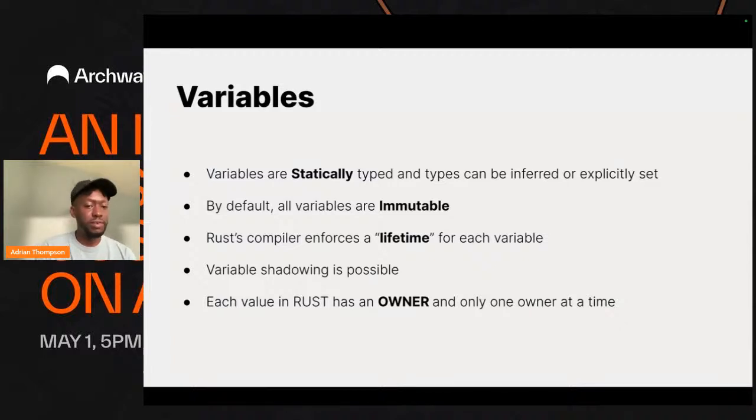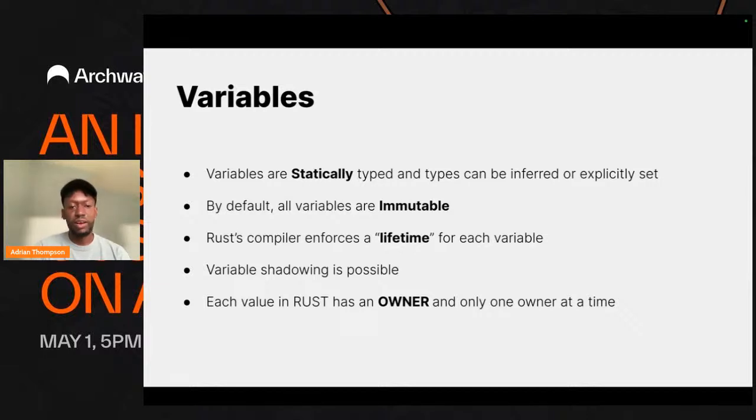One very important thing to know is that all variables by default are immutable, and this is totally different from other programming languages. When you create a variable, that variable by default is immutable. But you can choose to make the variable mutable, though you'd have to declare that. By default, you need to remember that all variables are immutable.